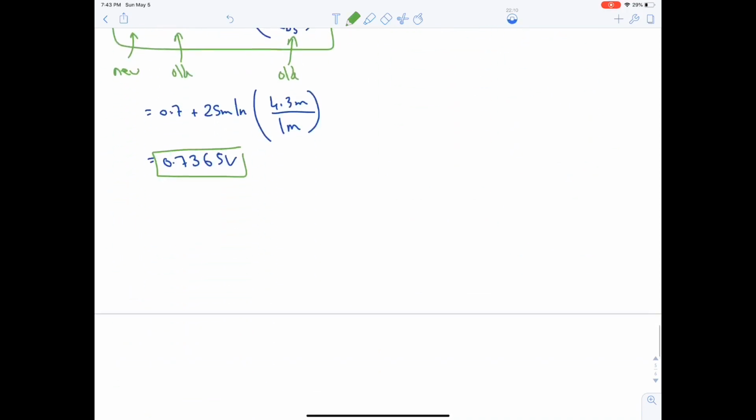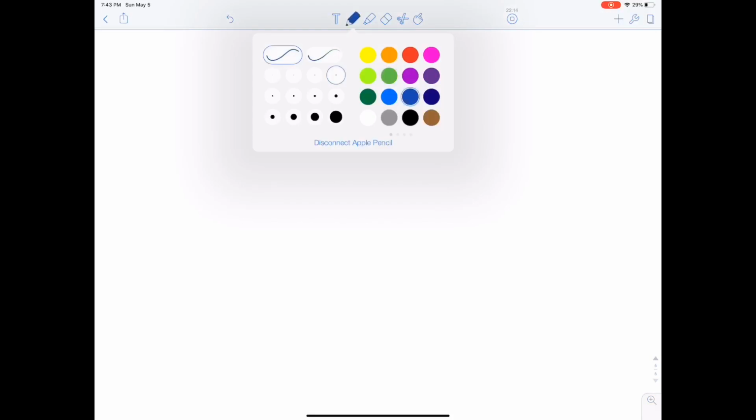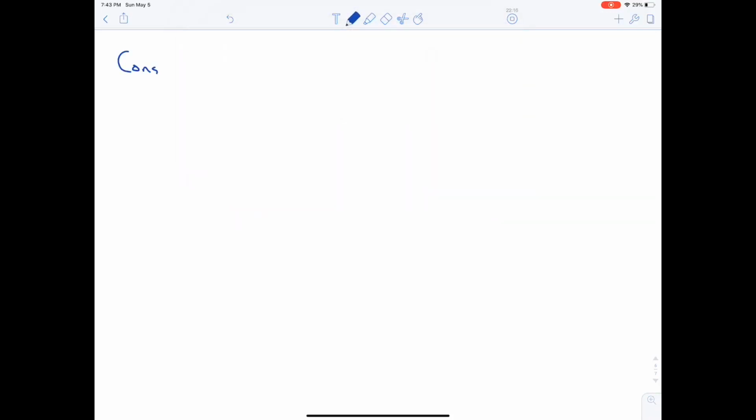Moving on to the constant drop model, constant voltage drop model. It's the simplest model. Why? Because it says that the voltage drop across the diode is 0.7 and it satisfies me. You do not have to find a more accurate answer.